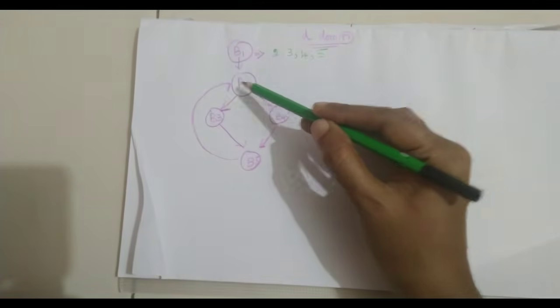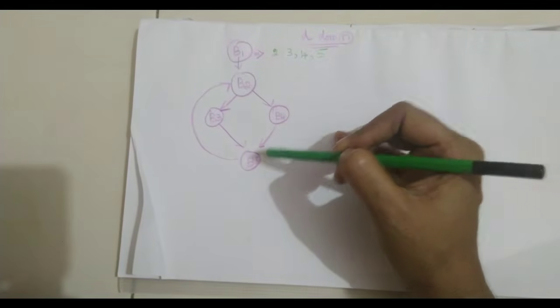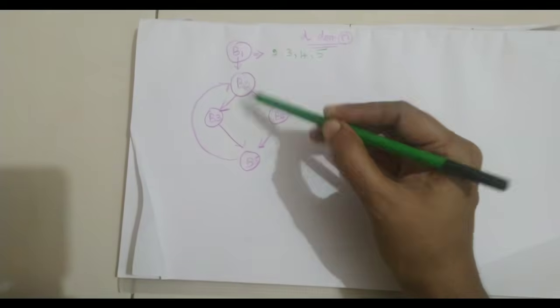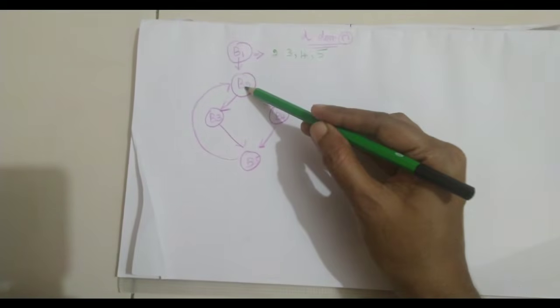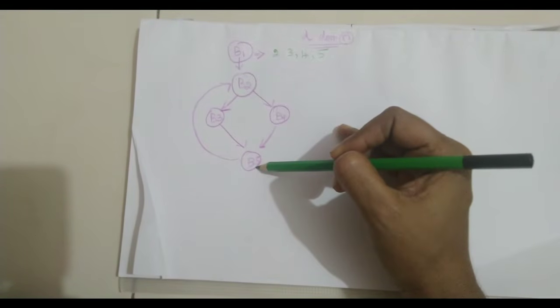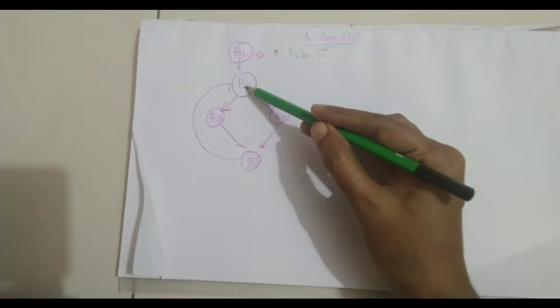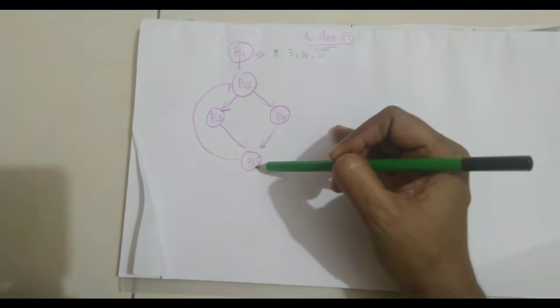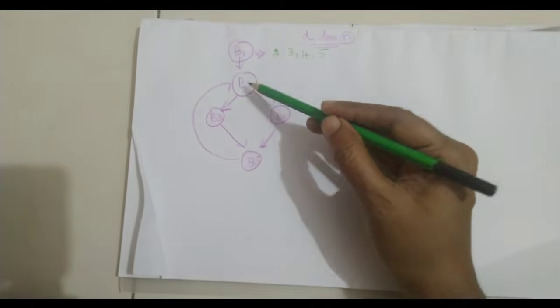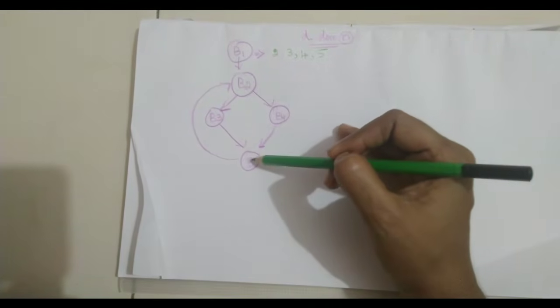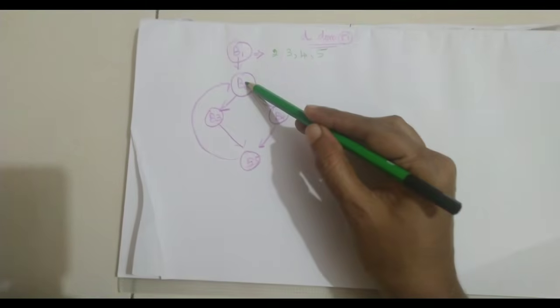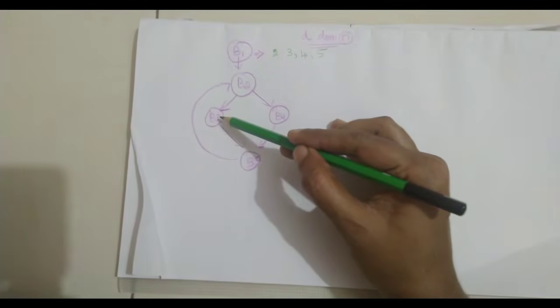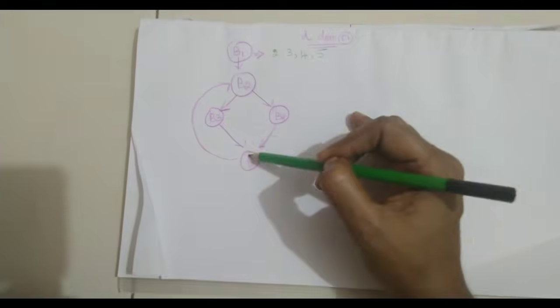So B2 is a dominator of B4, and for B5 also without entering B2 you cannot reach B5, because only through B2 to B3 you can reach B5, or else you can reach from B2 to B4 and then to B5. So B2 is a dominator for 3, 4 and 5.